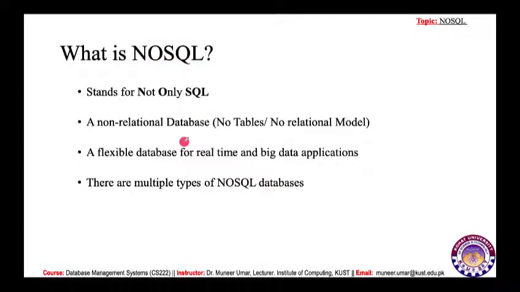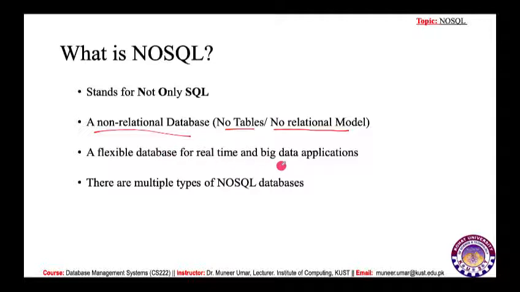If we look into the NoSQL databases, these are non-relational databases. We will not find any tables or columns, the schema for attributes, and we will have no relational model in NoSQL databases. NoSQL databases are flexible databases for real-time and big data.